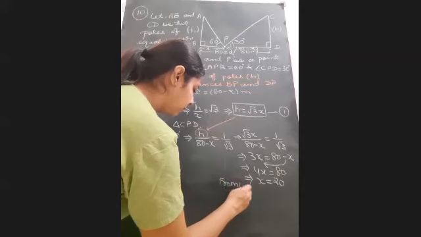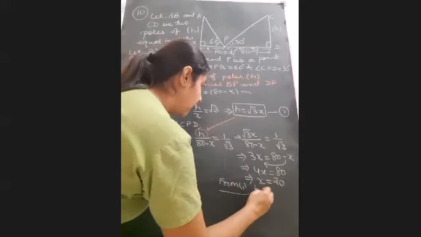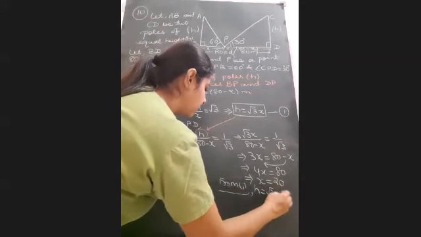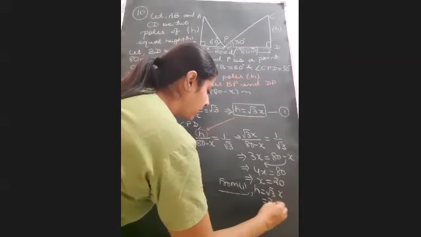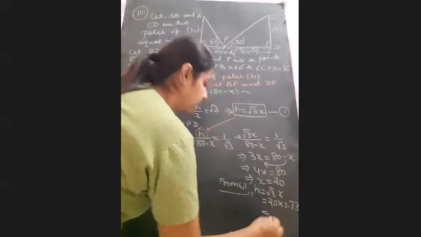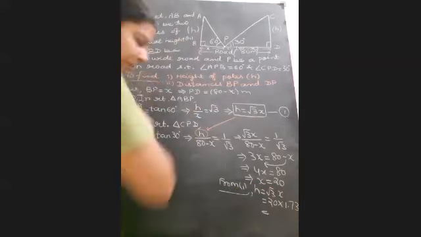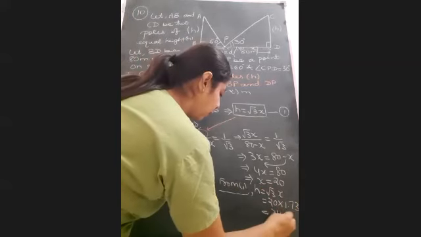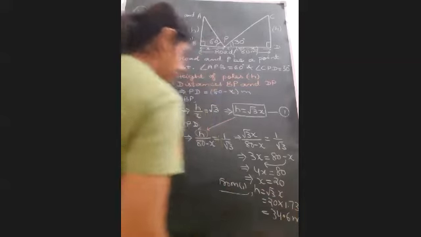From 1, height of the pole H is equal to root 3x. So that is 20 into 1.73 meter, which will be 34.6 meter.